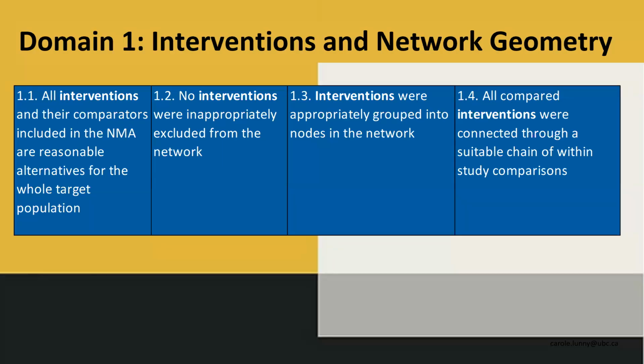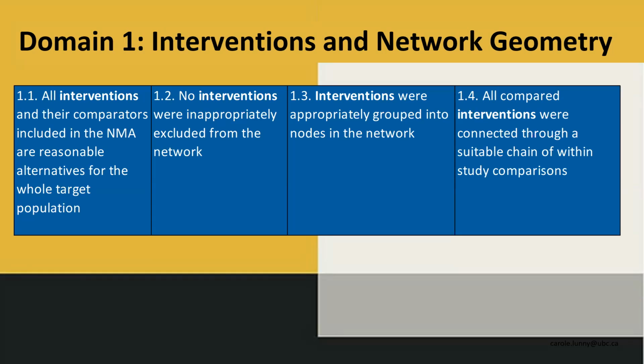Now I'm just going to give you examples of three items in the tool for each domain, because I don't have time to go over everything. For domain one, interventions and network geometry, we have four items in total. The first is: all interventions and their comparators included in the NMA are reasonable alternatives for the whole target population.